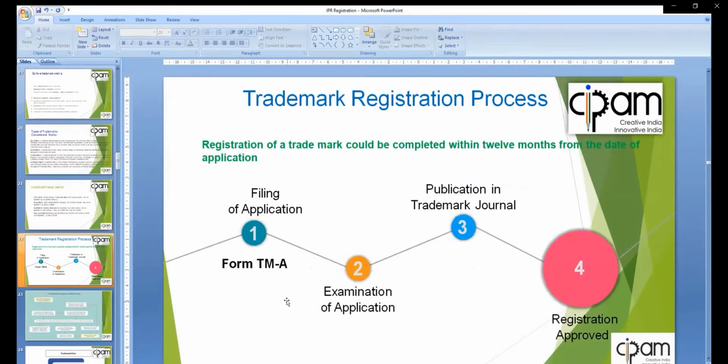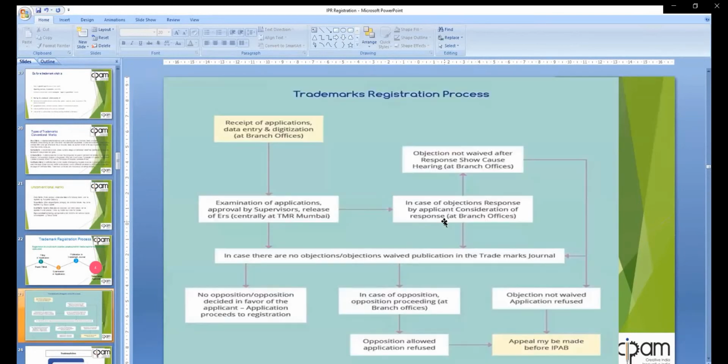The trademark registration process is very fast because we have to encourage our MSMEs and startups with this domestic process. Within 12 months it gets granted, and the filing starts with the trademark application form, and then immediately examination of the application happens. Then publication in the trademark journal and the trademark registration is approved. Now look at the details: receipt of application, data entry, digitization at the branch office, maybe let's say in the Mumbai office, then an ERS number is issued.